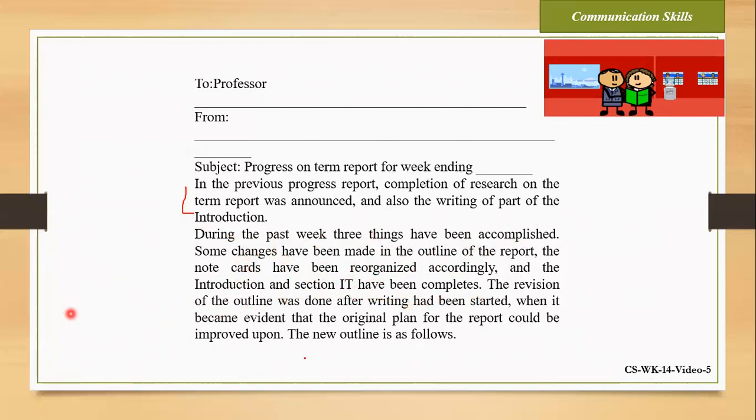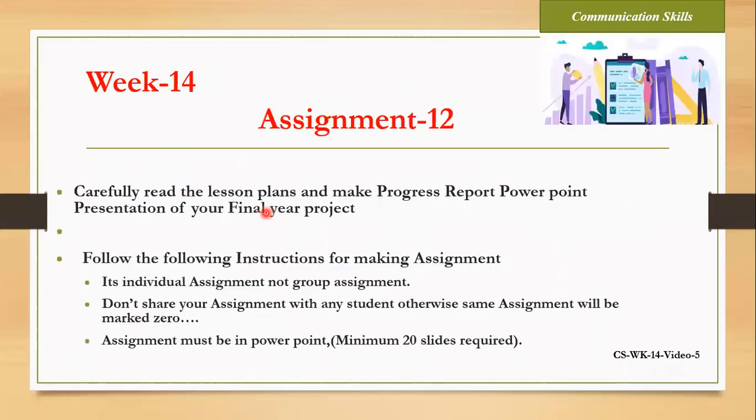The revision of the outline was done after writing started, when it became evident that the original plan needed improvement and a new outline was required. So when you know this is completed, then you go onward. This is an example of the way you can write the report.